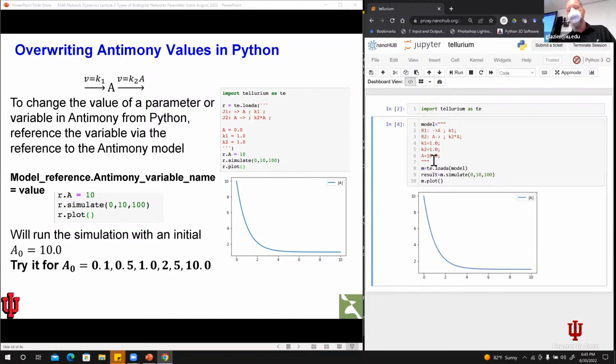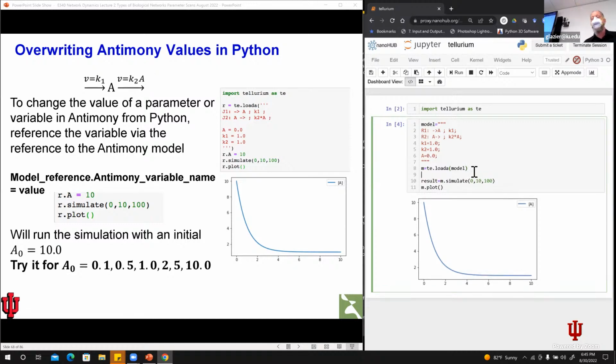Now let's do this in a more interesting way. And this is now the first real piece of Antimony coding that we're going to do. As I mentioned, this model string is a model specification. It's not a program. And that model string is read by te.loada and turned into an executable.